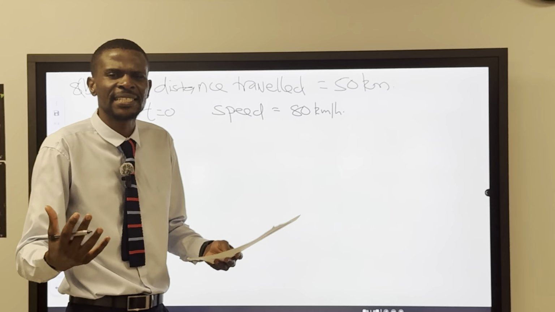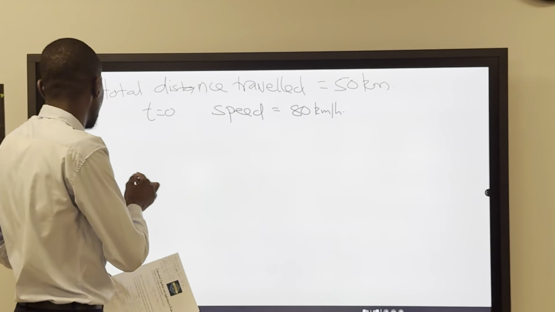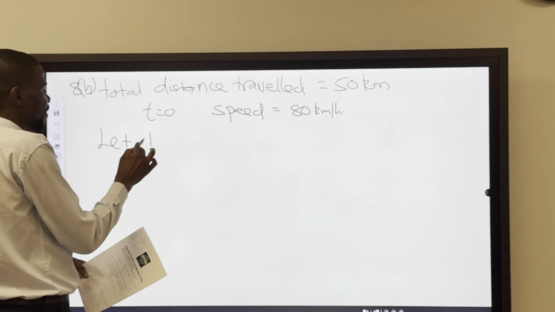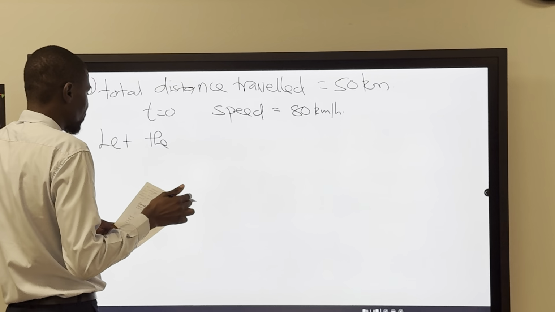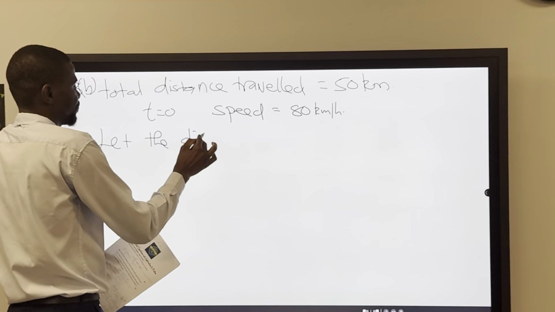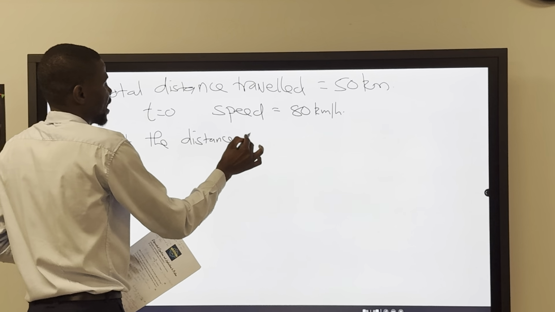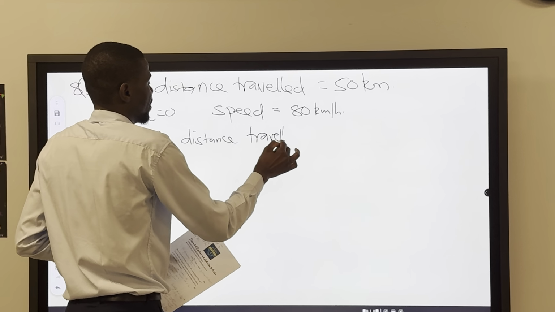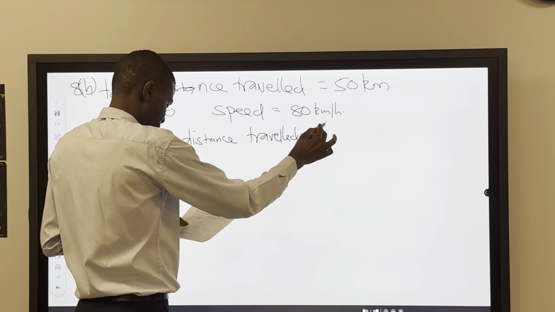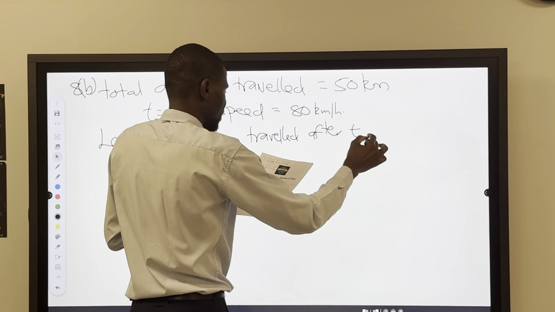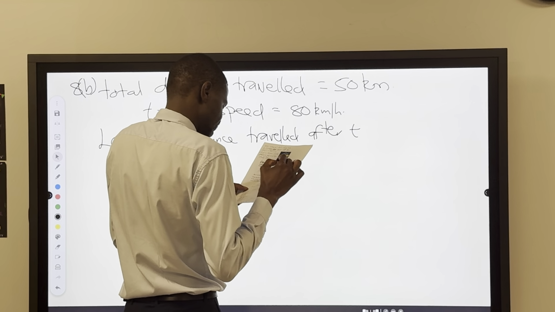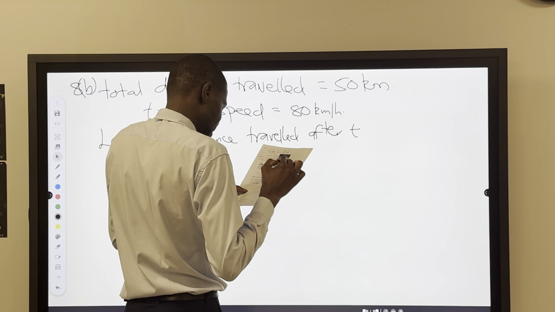So do we know the distance that has been traveled? No. So we can just say, let x be the distance traveled after t hours.